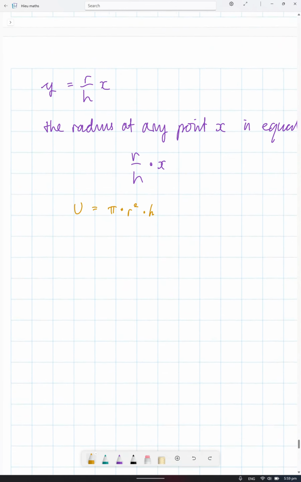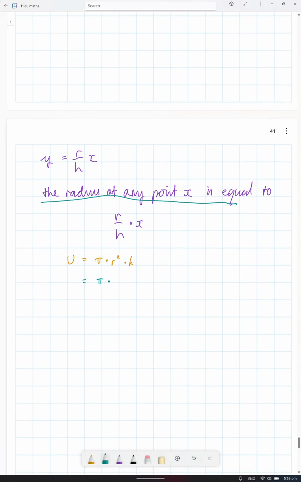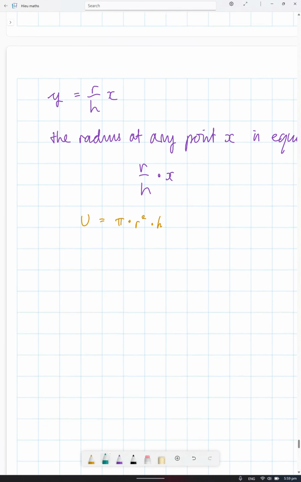So what's a way to write that? Let me just write. Therefore, we can equate this. I'm going to use the variables we found. We can say volume is equal to pi multiplied by the radius of any point x. So we need the radius of any point x. So here, okay, I'll do this.